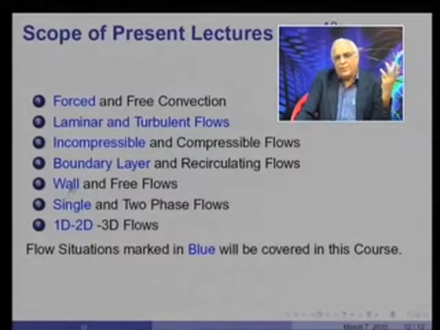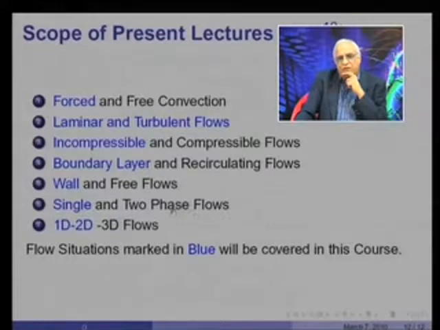Wall flows, by definition, since we are interested in heat and mass transfer coefficient, we will only be concerned with wall flows and not with free flows. And then, as I said, two-phase flows are very complex to handle analytically, and therefore I would deal essentially with single-phase flows. Finally, again, one and two-dimensional flows will be emphasized because they are simpler to handle analytically. 3D flows will be ignored.